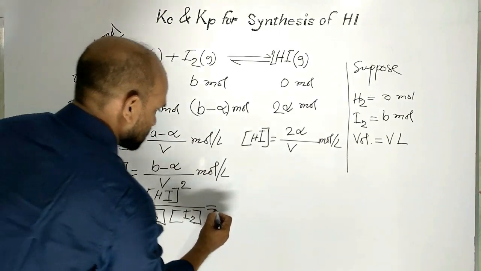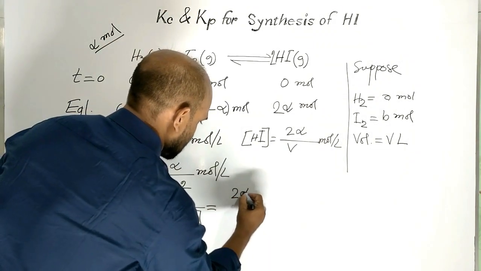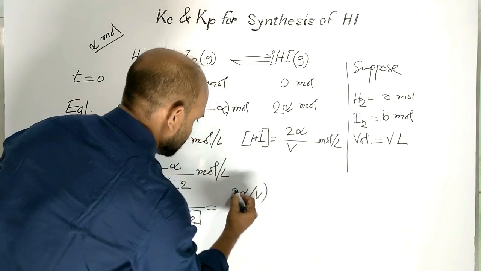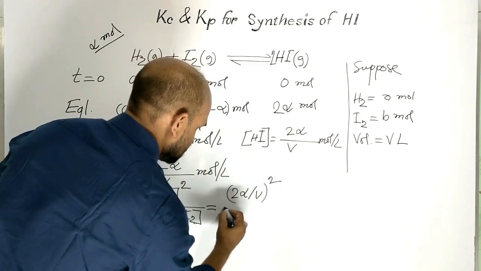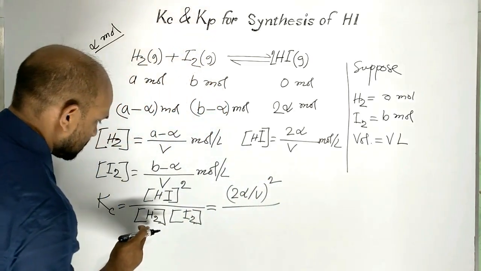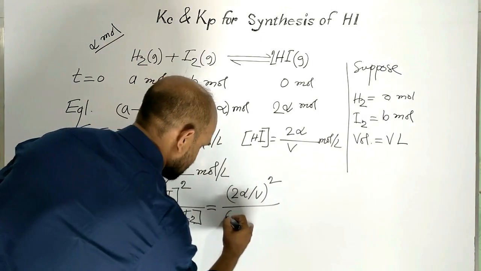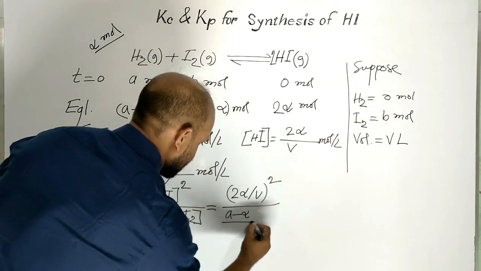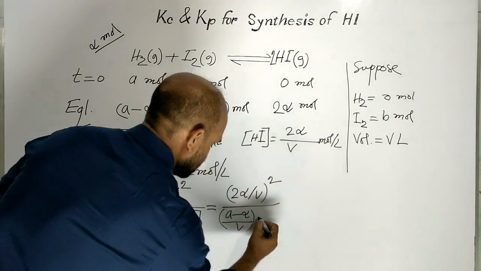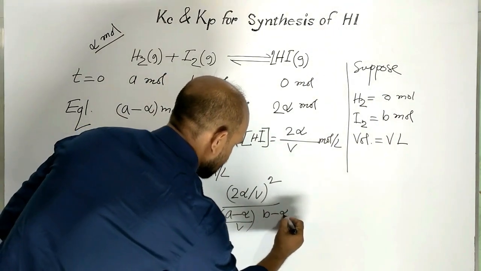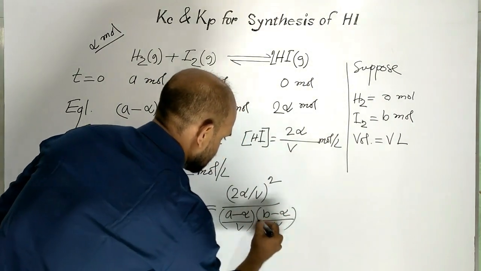This equals twice alpha by volume, squared, divided by the concentration of hydrogen, A minus alpha by V, into B minus alpha by V.